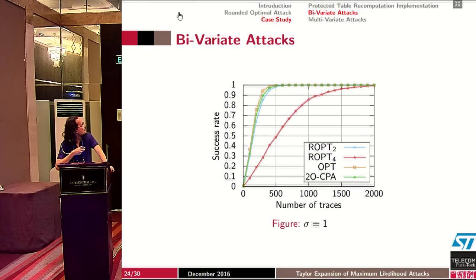And in this case, of course, if our new attack is close to the second order CPA, the advantages are small. But we can also imagine other scenarios where the device leaks in different orders. So we can exploit second order attacks, but also third order attacks, and so on. And we guess that in this case, this approach will lead to better results than, for example, the second order CPA alone.